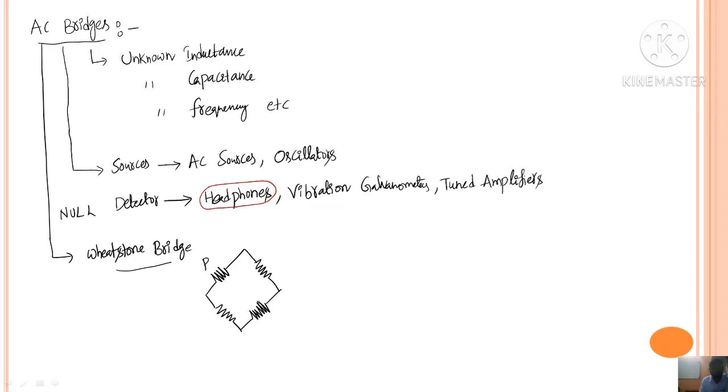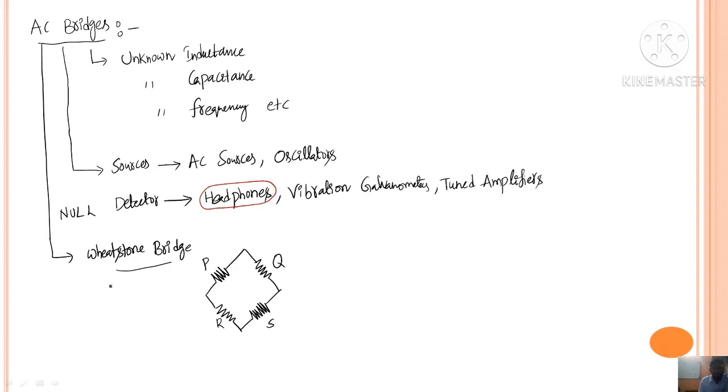If I consider these arms as P, Q, R and S, we get the null condition in the Wheatstone bridge. Whatever the position of the detector, whichever terminals you place the detector across, you will get the same balance equation.